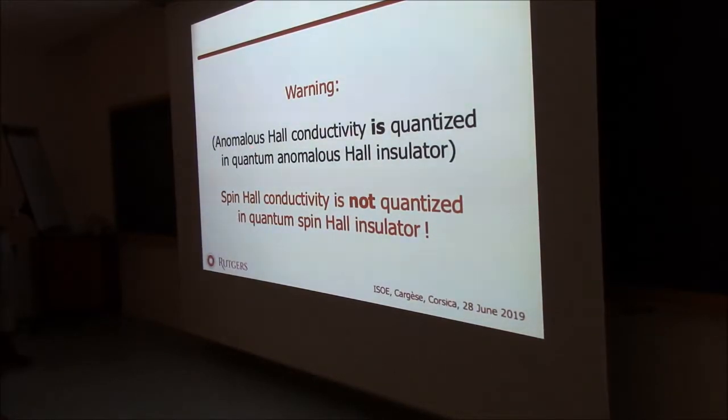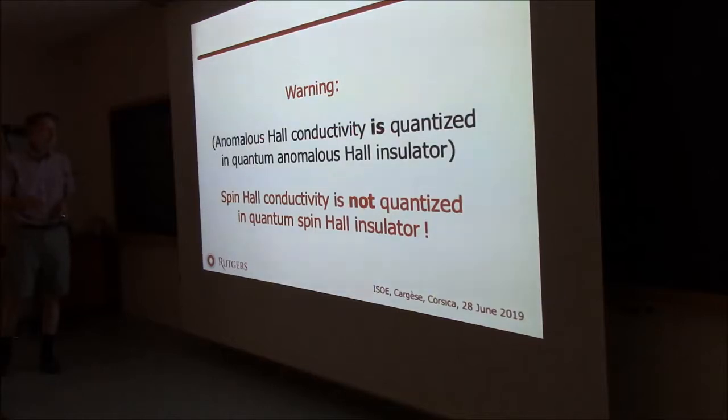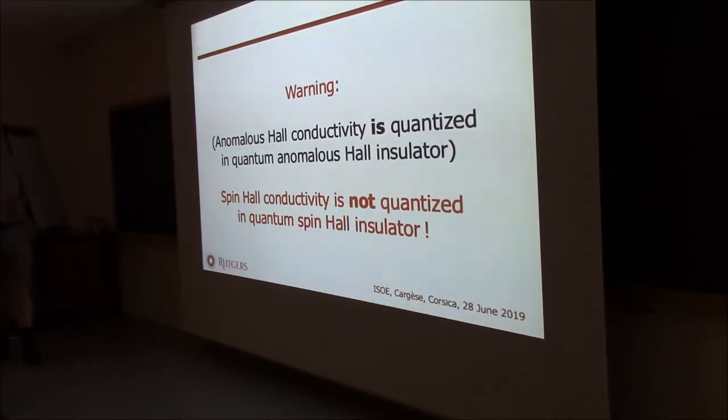Although in the quantum anomalous Hall system, the anomalous Hall conductivity is exactly quantized to be an integer multiple of e squared over h, where that integer is the Chern number, in this spin Hall system, in the presence of spin-orbit coupling, the spin current is not quantized.